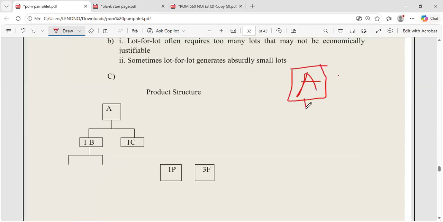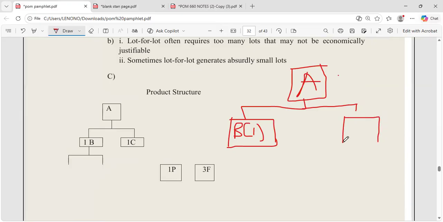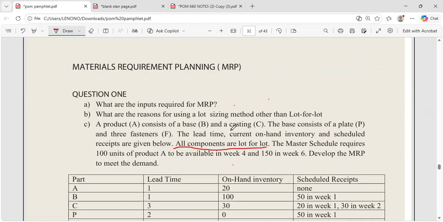A base B and a casting C. So this is a product structure tree, which is obtained from the information given in the question. It consists of a base and a casting.